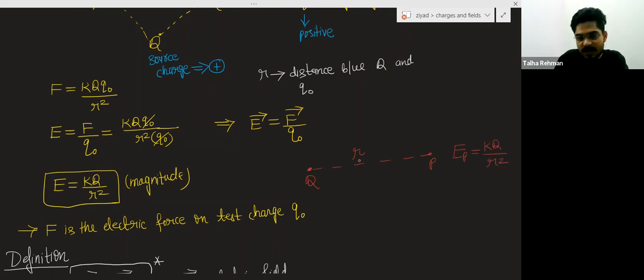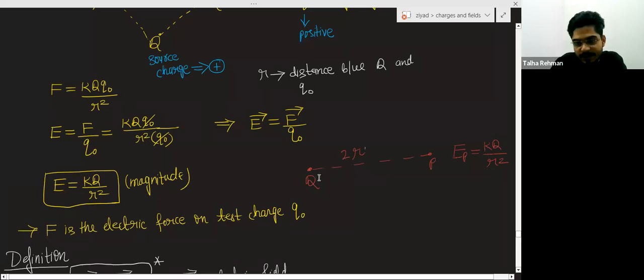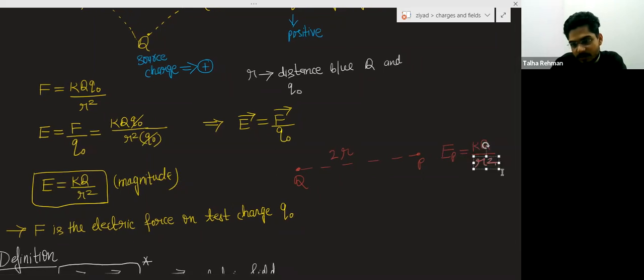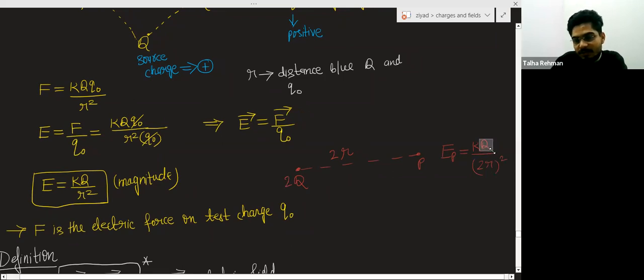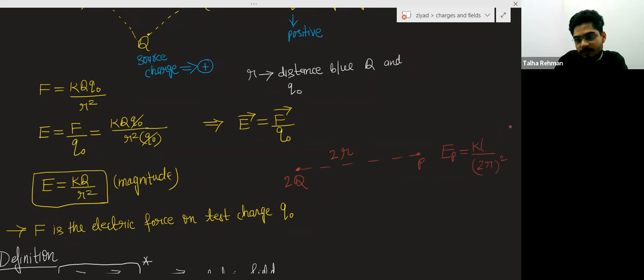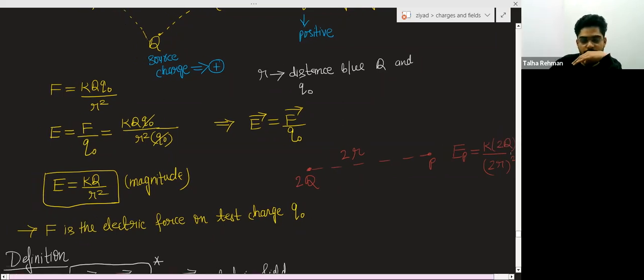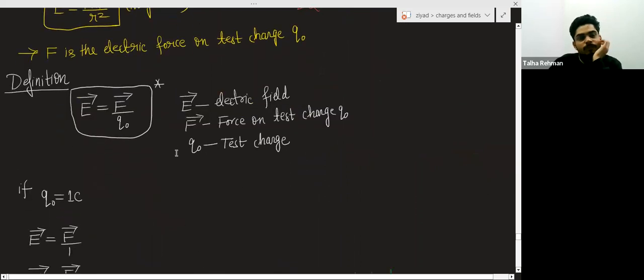If this distance becomes 2R, then you will write K into charge divided by 2R square. Good. If the charge is changed and becomes 2Q, then it is K into 2Q divided by 2R square. So this is the electric field strength at any point.